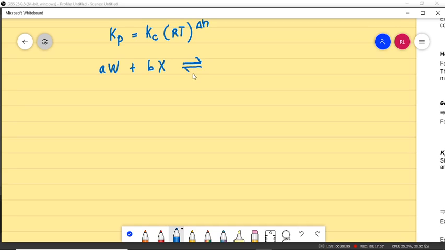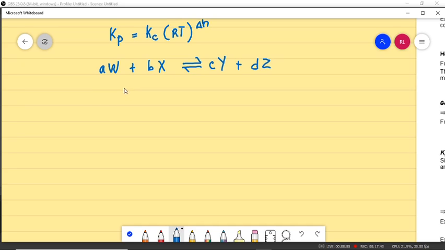Papakita ko dito paano i-derive yung expression for K sub P or formula for K sub P. Say for example we have this one, assuming that all of these are gases, because this K sub P is only for homogeneous equilibrium, all composed of gaseous substances.